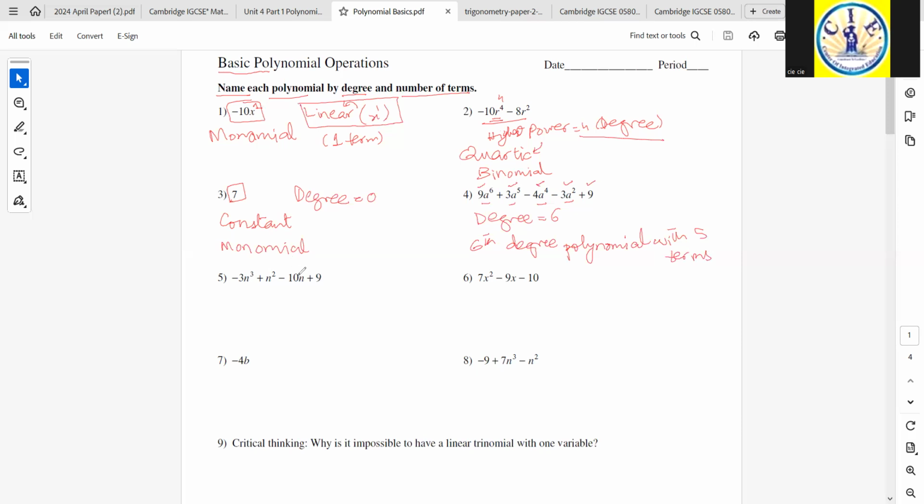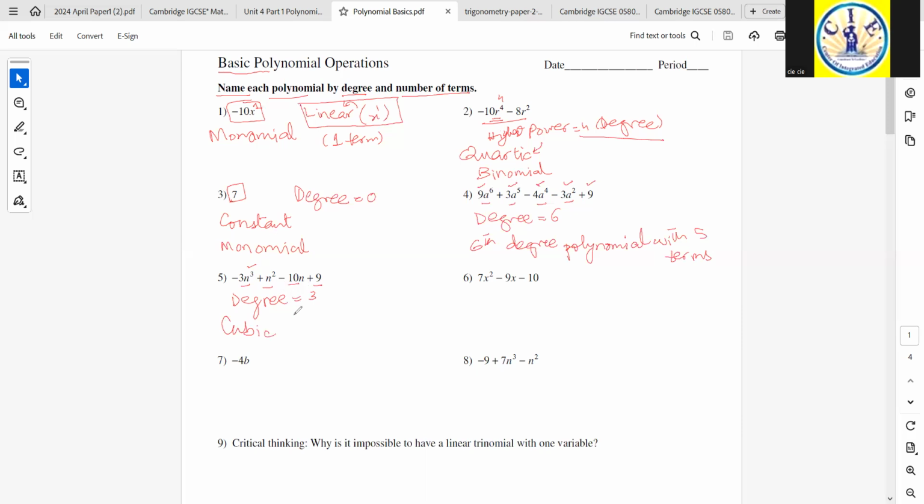Okay, then in this case, 1, 2, 3, 4, and then the degree. First of all, let's see the degree. Degree is 3, the highest power of the variable. So that's why it has got a special name, cubic. It is a cubic polynomial.